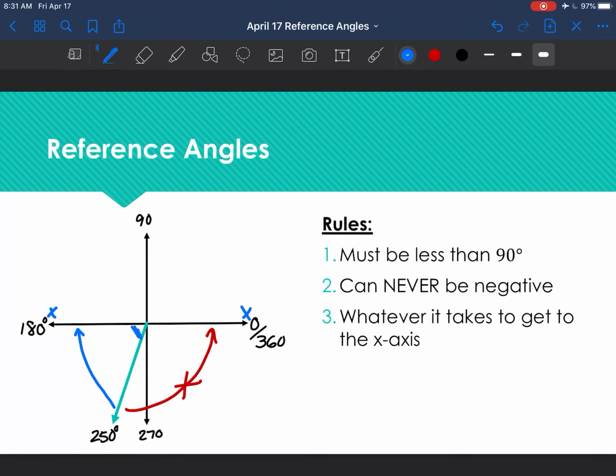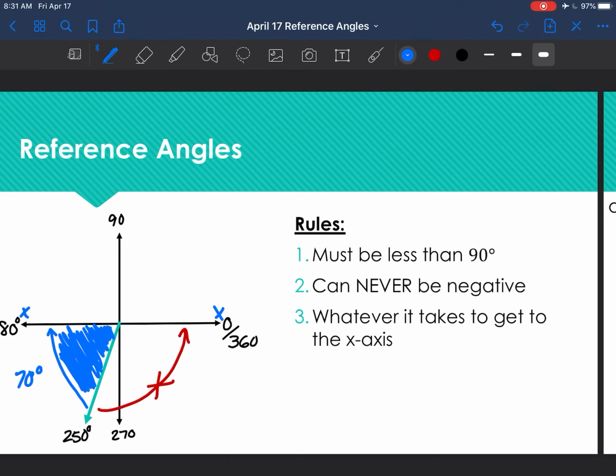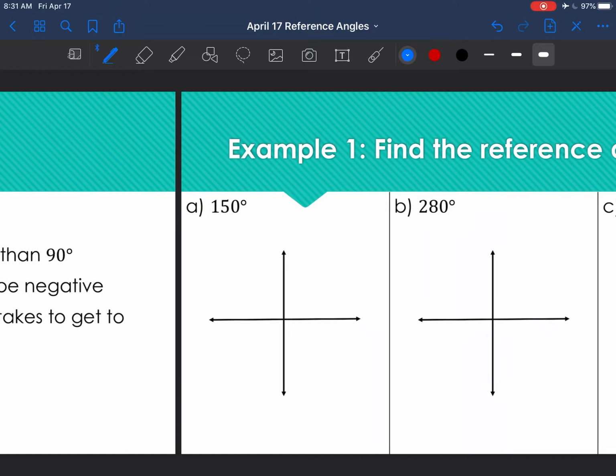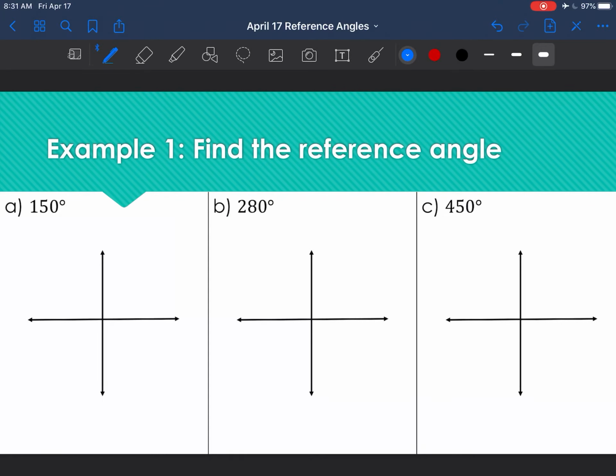So this one in blue is what's called the reference angle. And so today we're going to be figuring out how many degrees that reference angle is, which in this case would be 70, but I'll show you how to find it with an example. So that's what we're going to be doing today, finding the reference angle.